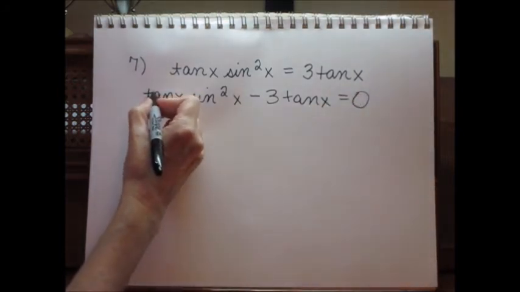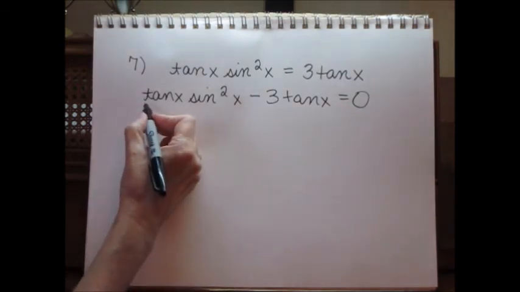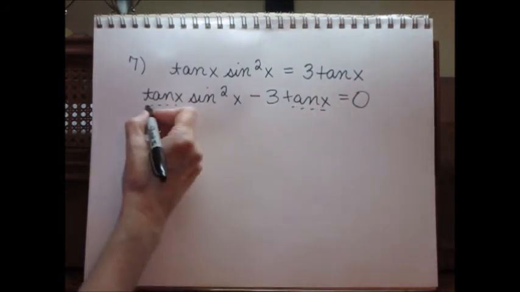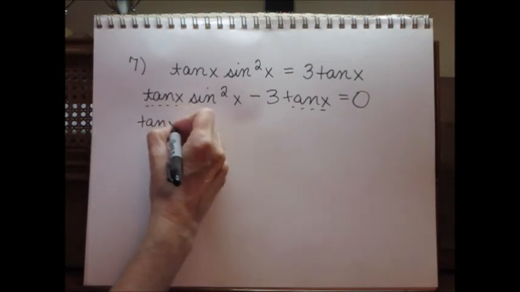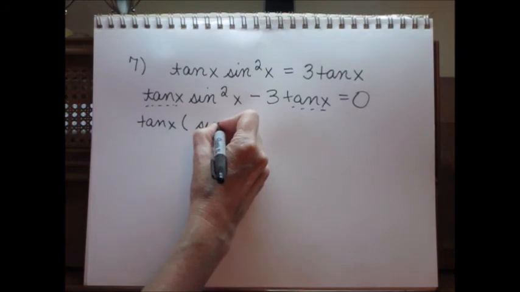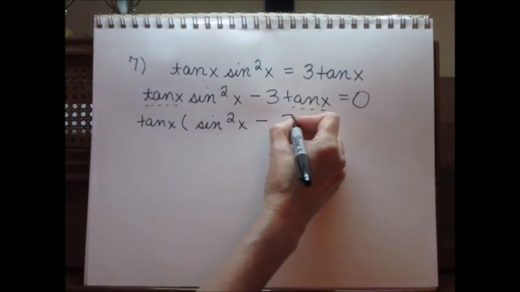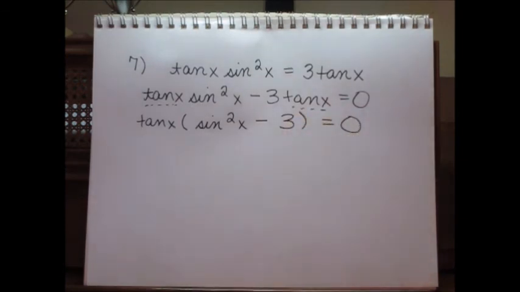And now I can factor tangent x out of both terms because it's in both, here and here. Factor tangent x out, and that will leave us just sine squared of x minus 3, and still set to 0.